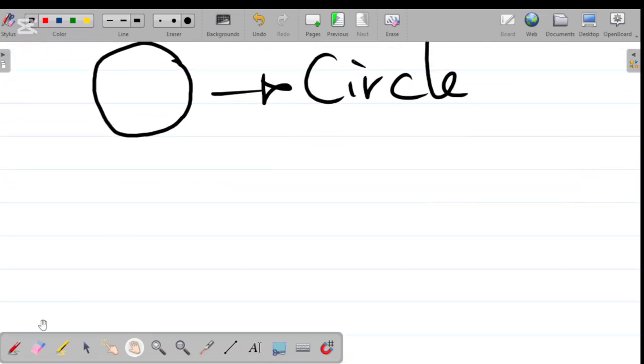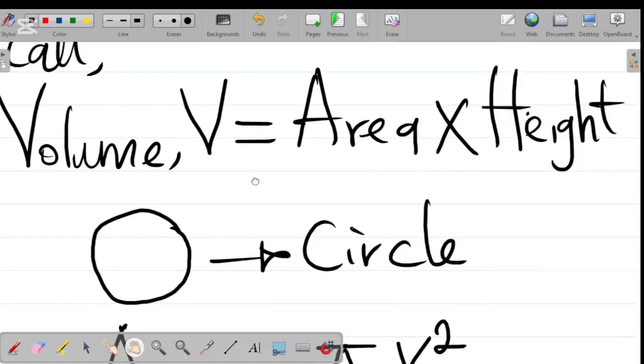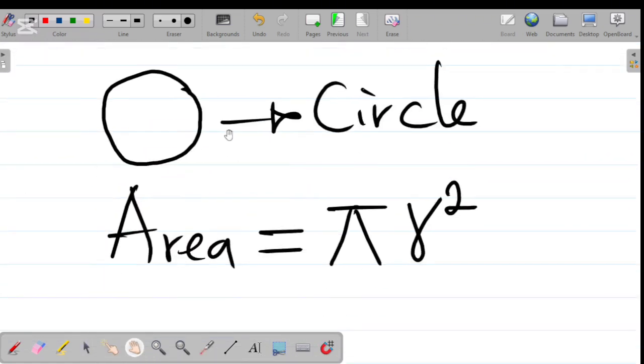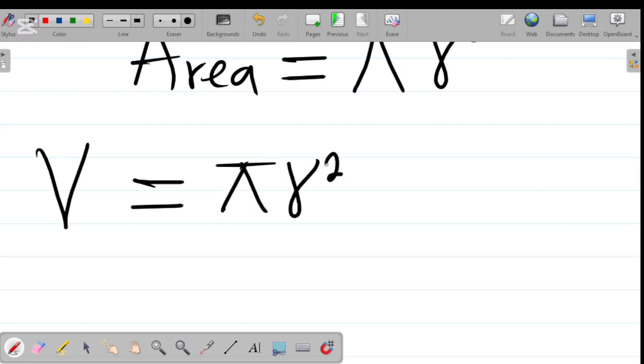So what's the area of a circle? The area of a circle is equal to pi r squared. So if you substitute area into volume, you would have volume V is equal to pi r squared multiplied by height. So let's call this equation 7.